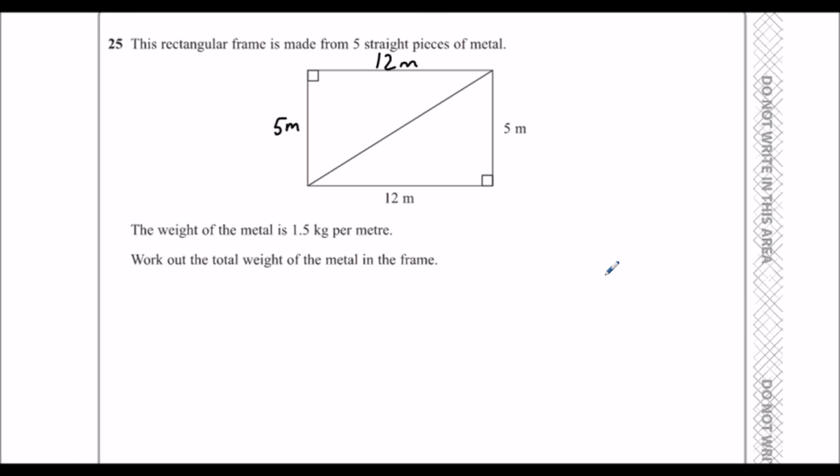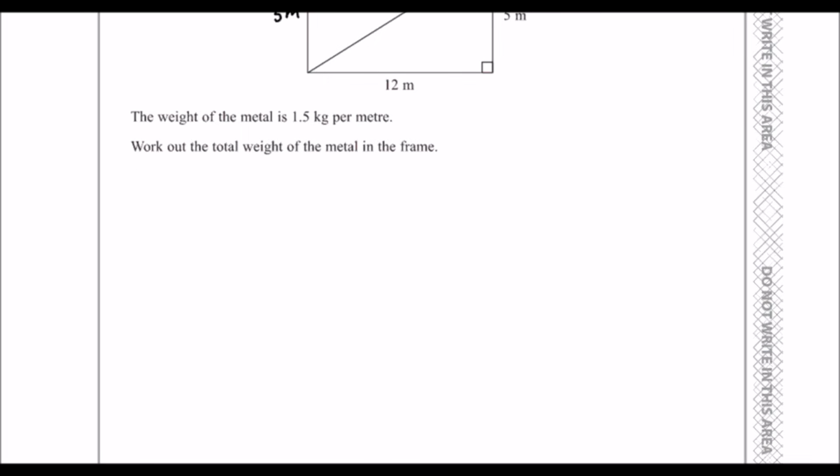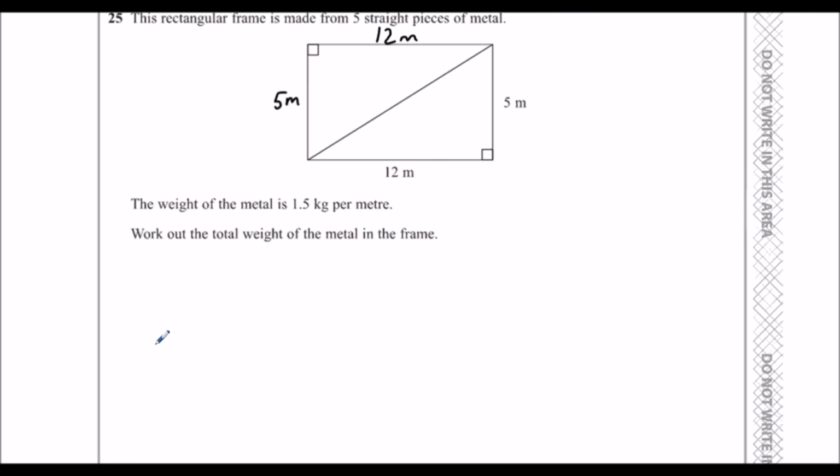So we know all the edges. We just need to work out the diagonal. And this is a Pythagoras question. So if we just look at a triangle, we've got 12, 5, and x. We're working out the diagonal, and that means Pythagoras.